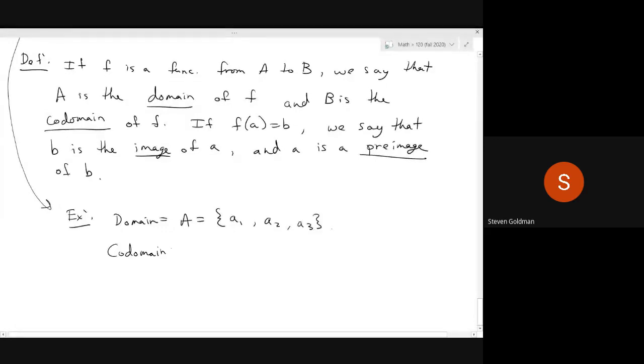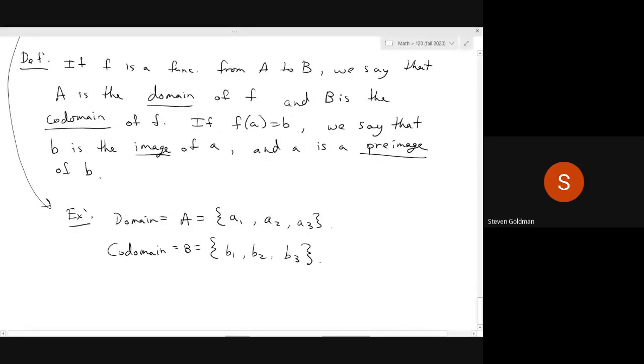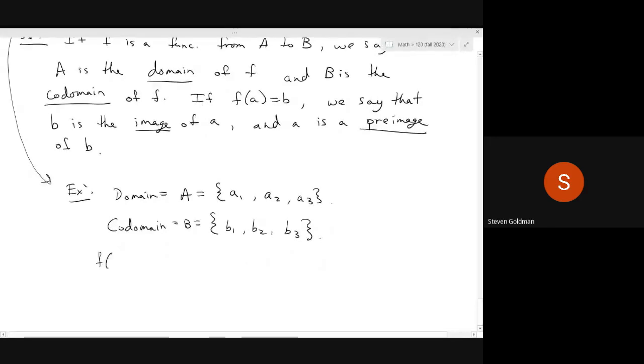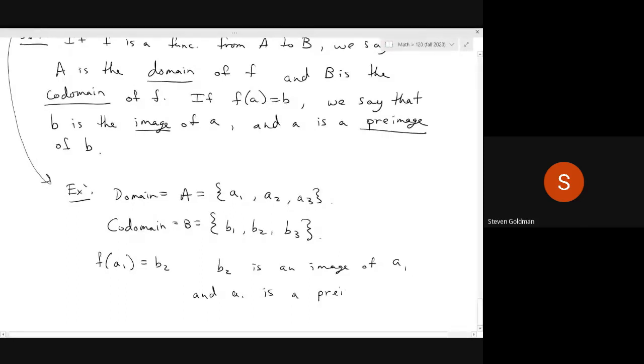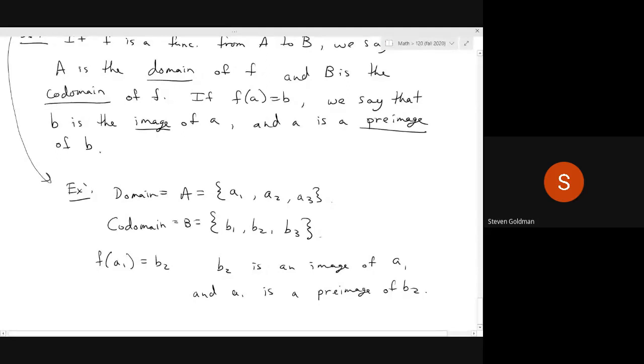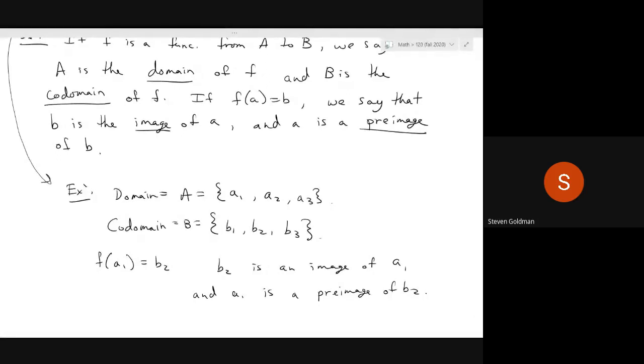The codomain is the set B, and the elements in the codomain are B1, B2, and B3. If f of A1 equals B2, then that means B2 is an image of A1, and A1 is a pre-image of B2. This is the same example from above.